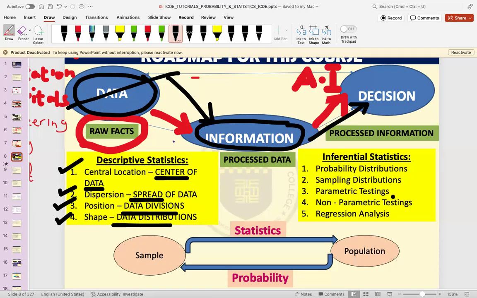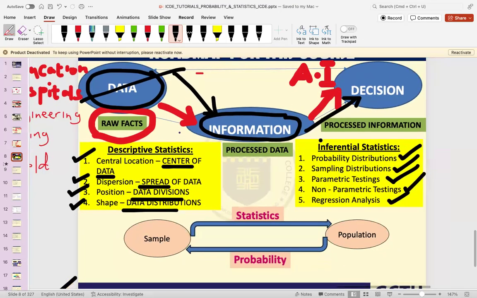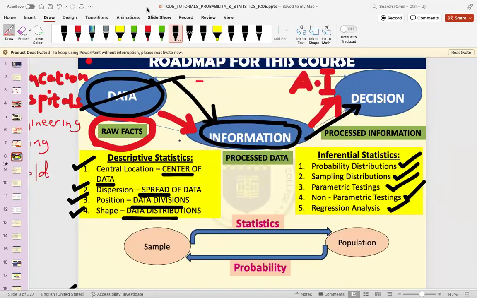Then we'll continue with some other sets. We'll do probability distributions, sampling distributions, parametric testings, non-parametric testings, regression analysis. And I'm sure by the time we are done with this, we'll then understand why this course is part of the program you are undertaking.